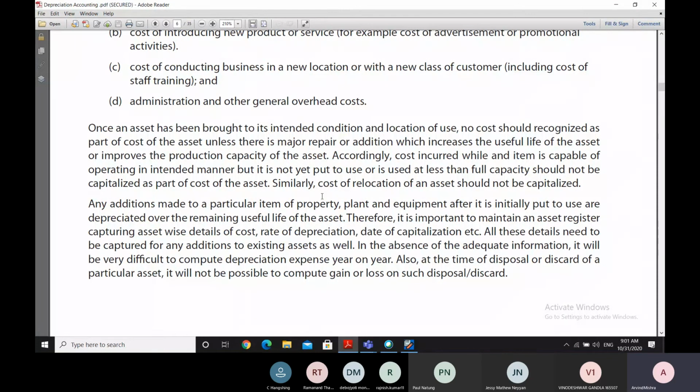Now, similarly, if you have to relocate the asset, the cost of the relocation of an asset should also not be capitalized. And when we are not capitalizing it, it means that we are not treating it as a capital expenditure, and therefore an uncapitalized cost will not be depreciated also.